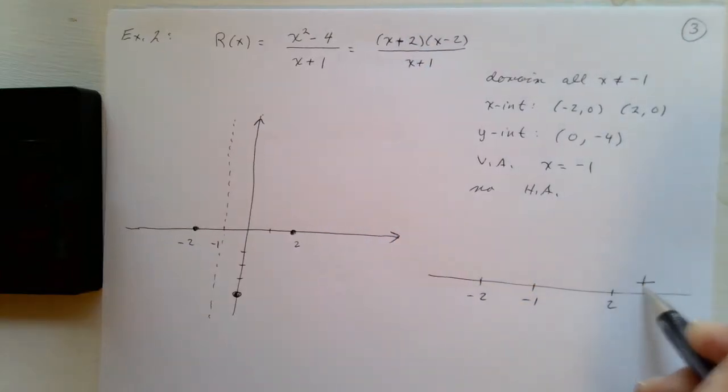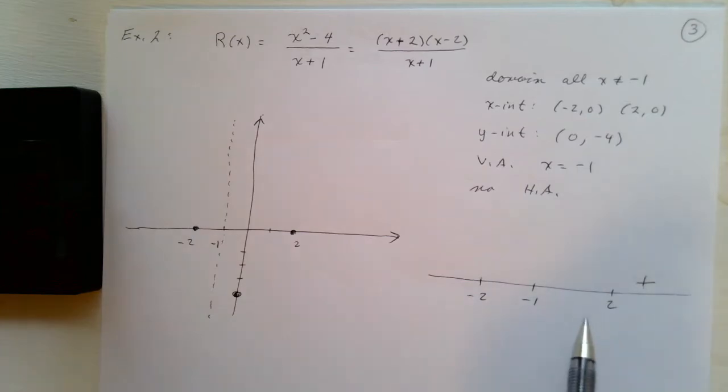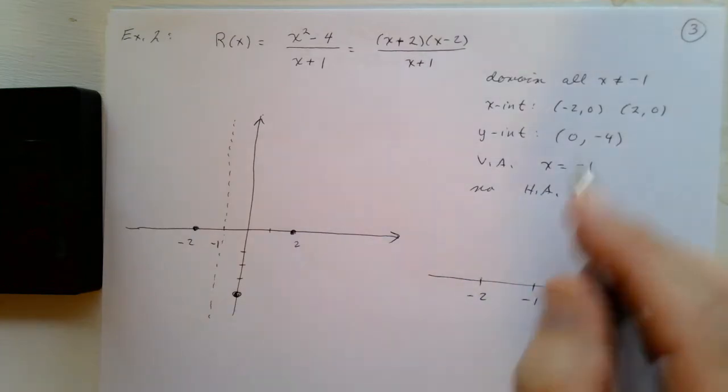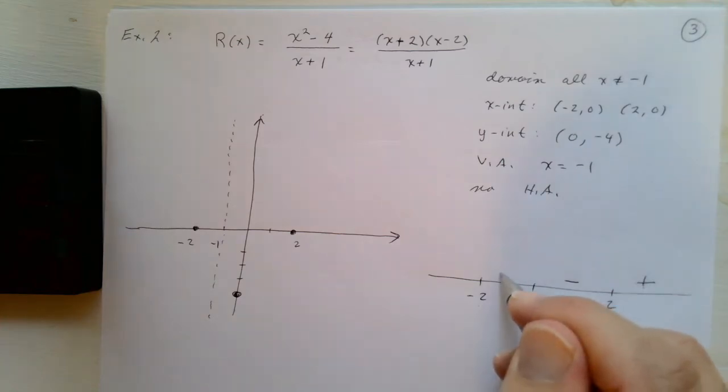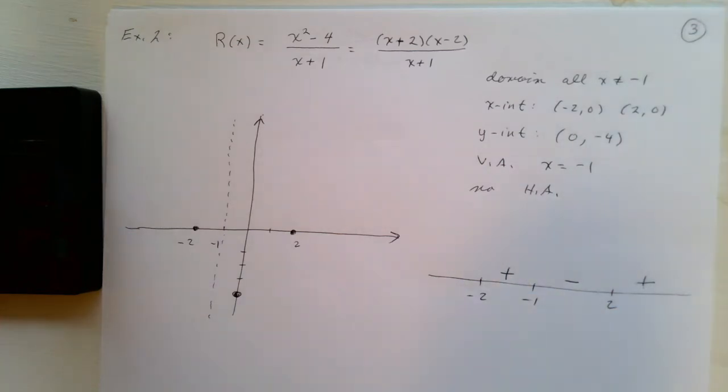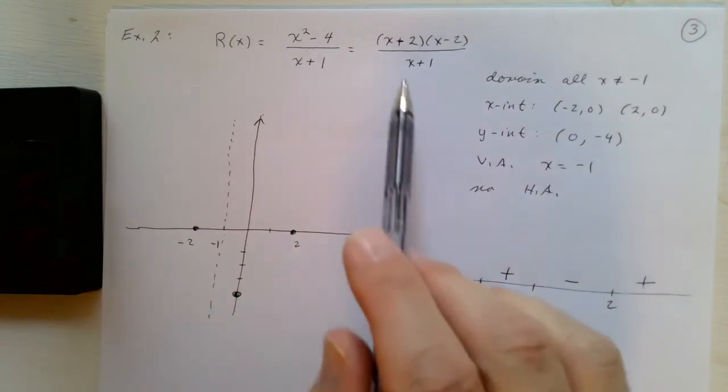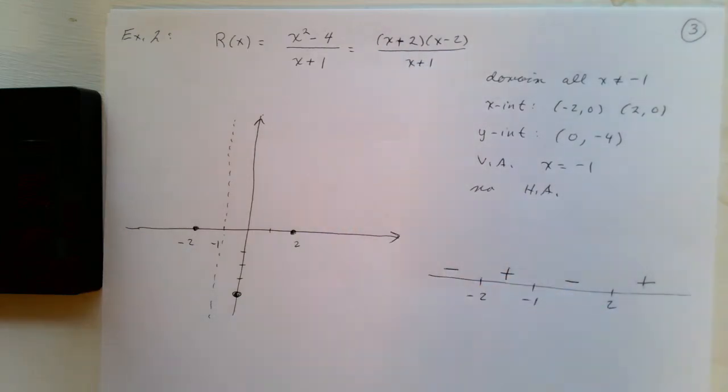Between negative 1 and 2, you can plug in 0, which we already did, we know it's negative. Between negative 2 and negative 1, you can plug in negative 1.5, and you'll see that's positive. And when x is less than negative 2, you can plug in negative 3, and everything's negative.